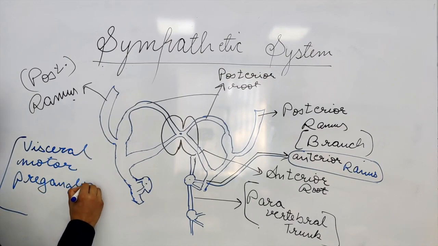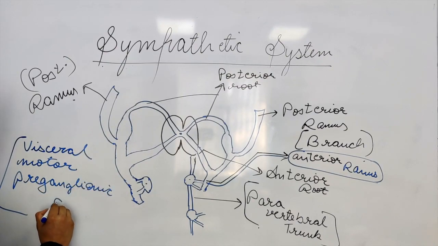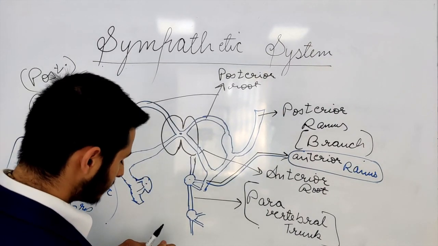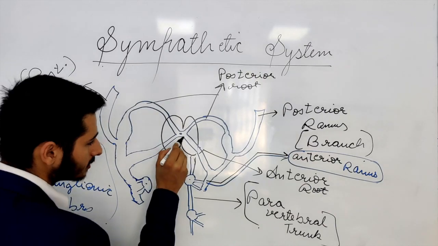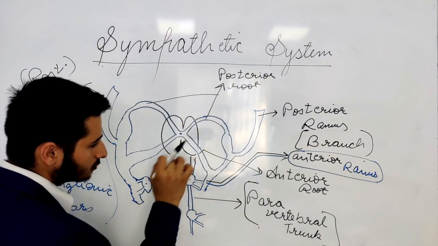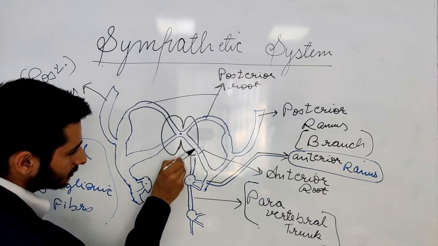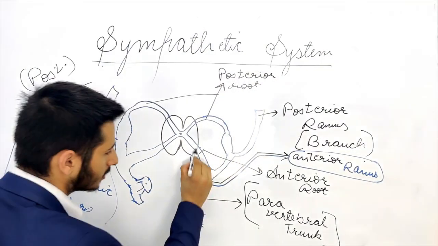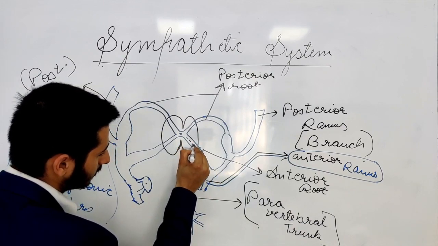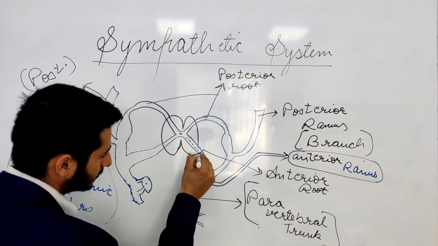These fibers leave the anterior roots, and they join the spinal nerve right here. So we'll mark a dotted path of these fibers right here.